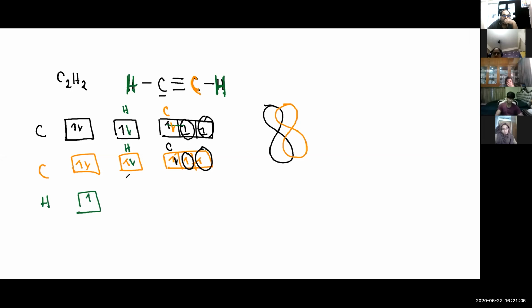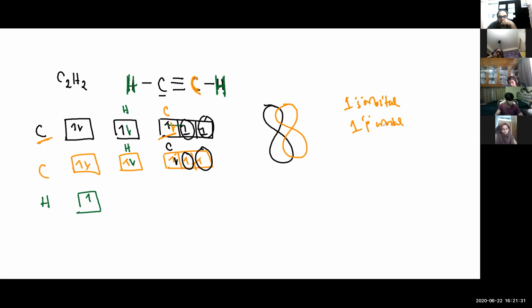So in forming this triple bond, for a carbon, how many s orbitals are involved? 1. And how many p orbitals are involved? 1. 1 s orbital and 1 p orbital.